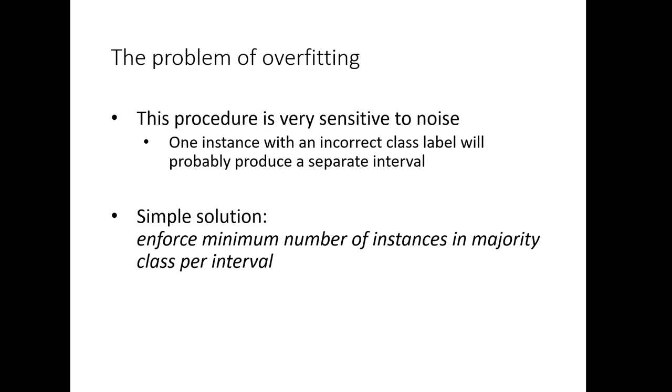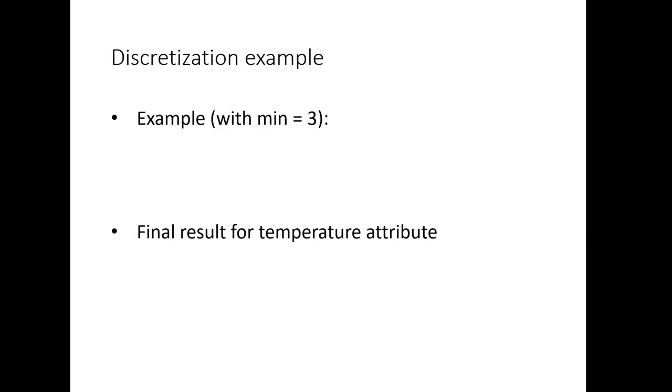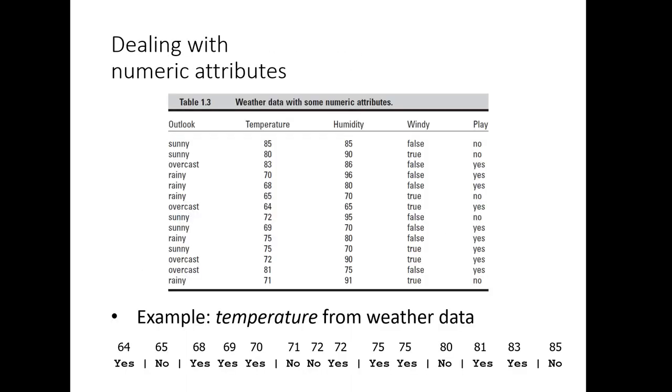We specify a minimum number of instances. Now when you make an interval, we say, okay, at least you have to have 3 minimum instances from the majority class, so that we are going to reduce the number of intervals. We enforce a minimum number of majority class instances per interval. Now earlier, previously, we have only one instance here.